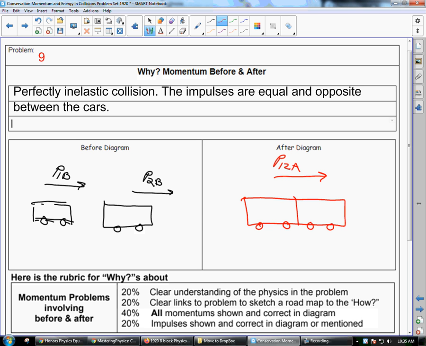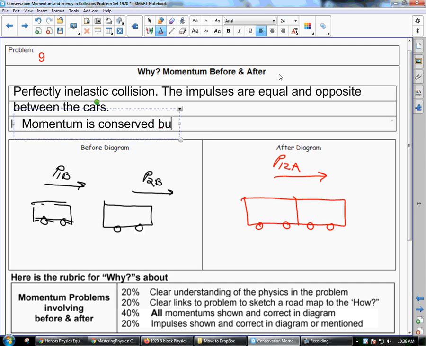Let's see. Clear understanding of the physics of the problem. Yep. Now I could always add up here, if I was worried about whether I'm really showing that I clearly understand the problem, that momentum is conserved, but kinetic energy is not, if I was concerned that the reader wouldn't understand that.